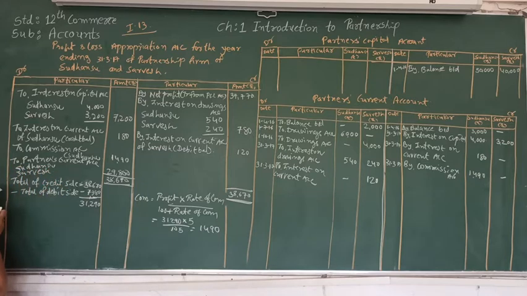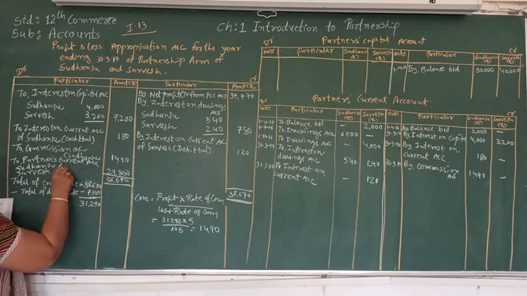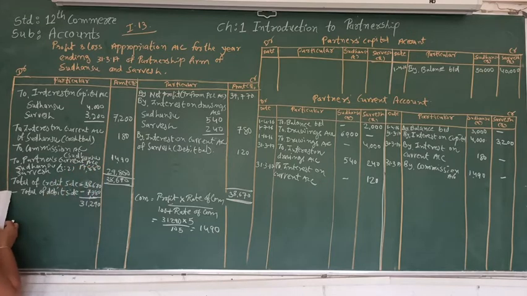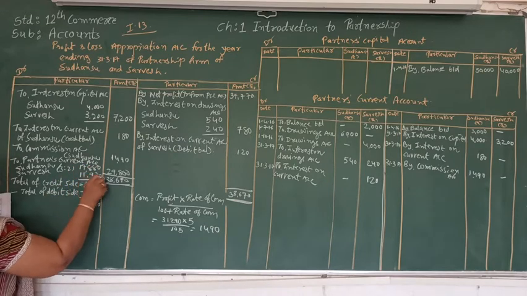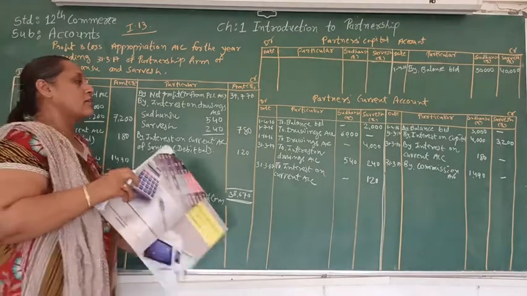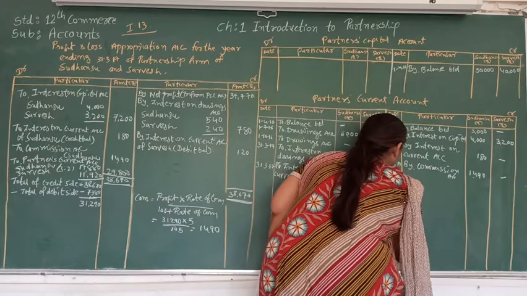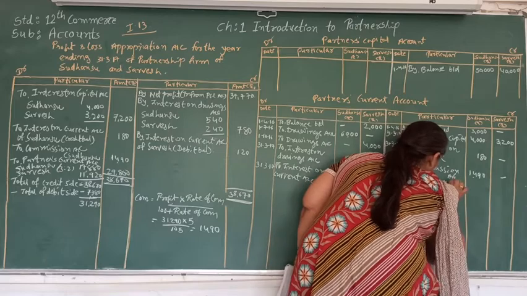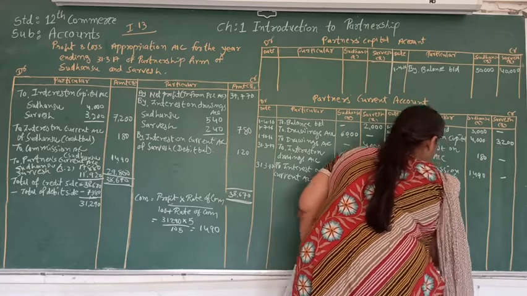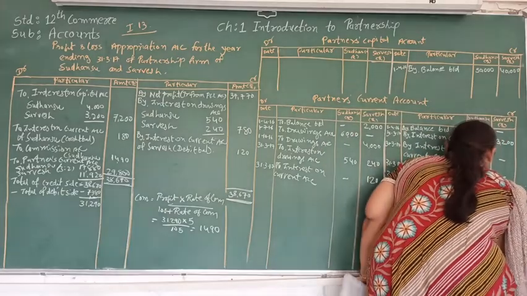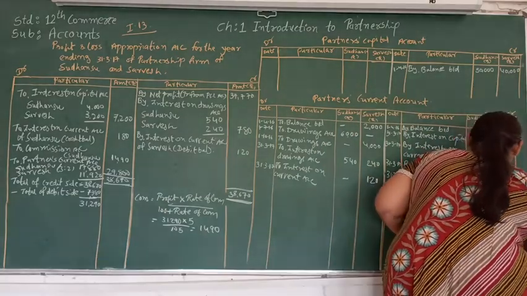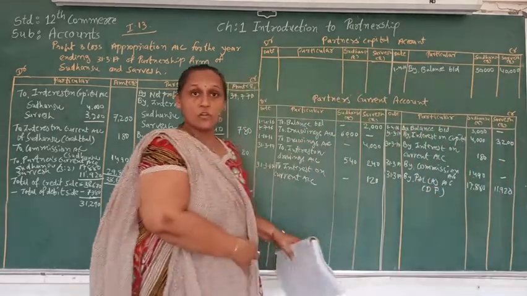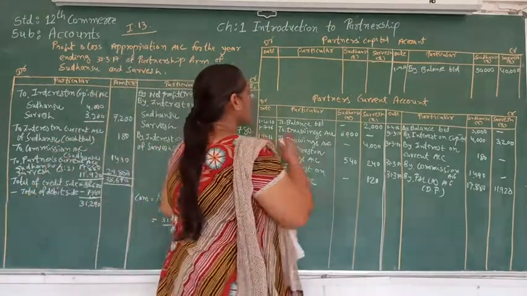So that will be 17,880 and 11,920. This we are going to take to the current account. So here in the current account, 31,370 by profit and loss appropriation account, that is divisible profit, and that will be credited to their current account, 17,880 and 11,920.